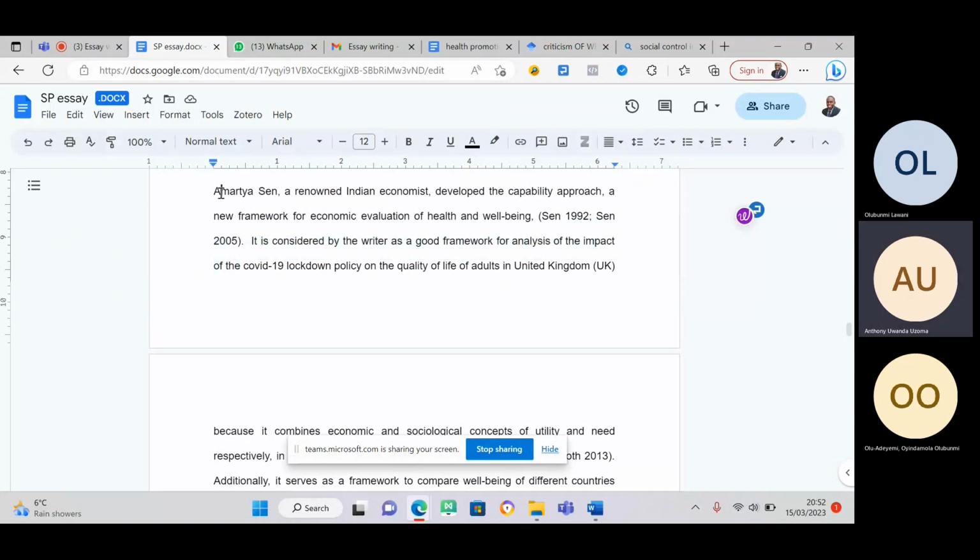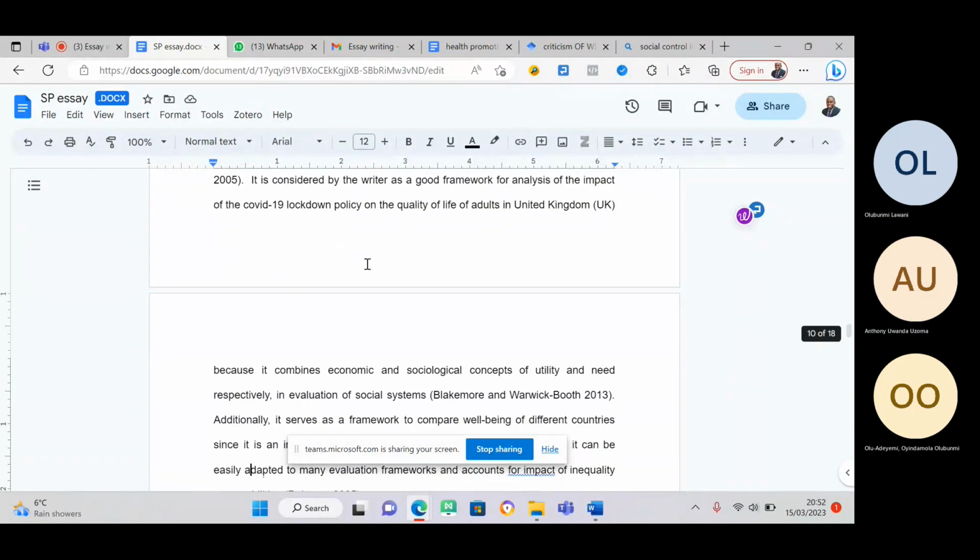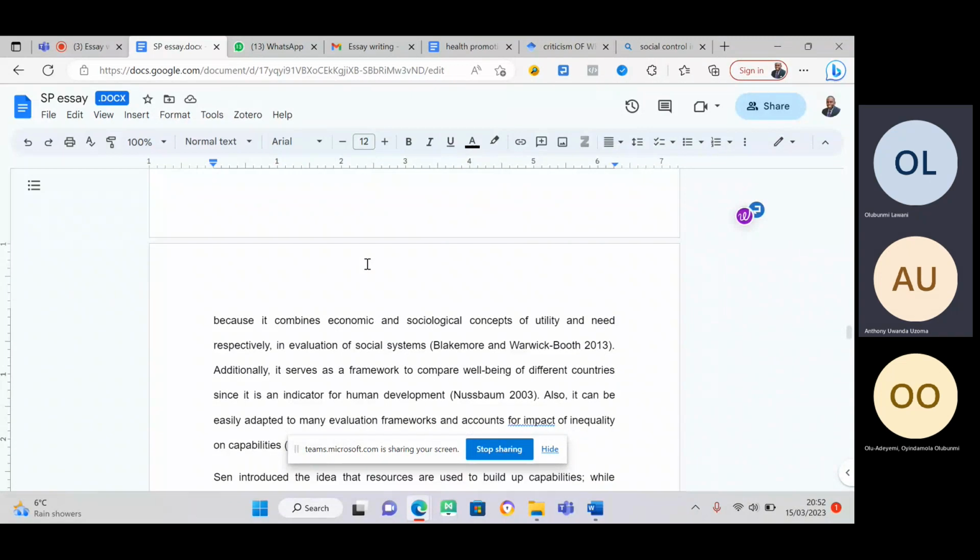So look, I introduced it here, and then I said why: the capability approach is good to analyze the COVID-19 lockdown policy because of the impact on the quality of life of adults in the UK, because it combines both economic and socio-economic aspects.